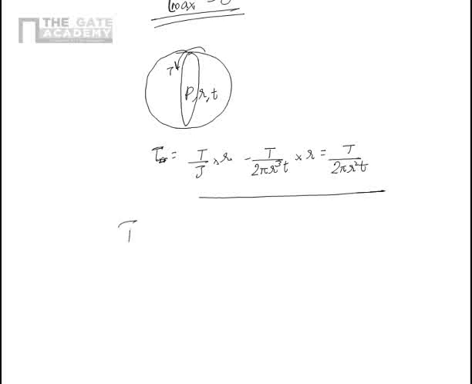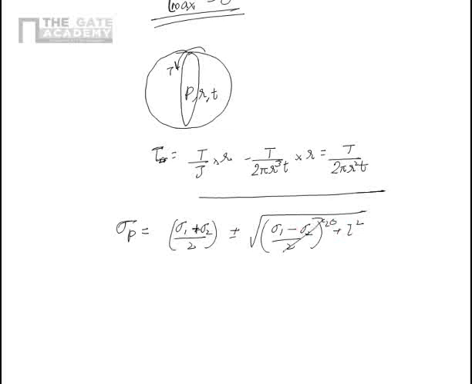In such case the principal stress will be given by sigma 1 plus sigma 2 upon 2 plus minus square root of (sigma 1 minus sigma 2 upon 2) square plus tau square. Now here sigma 1 and sigma 2 are equal, so this becomes 0. So this is given by sigma 1 plus sigma 2 upon 2 plus minus square root of tau square, which is nothing but sigma 1 plus sigma 2 by 2 plus minus tau.